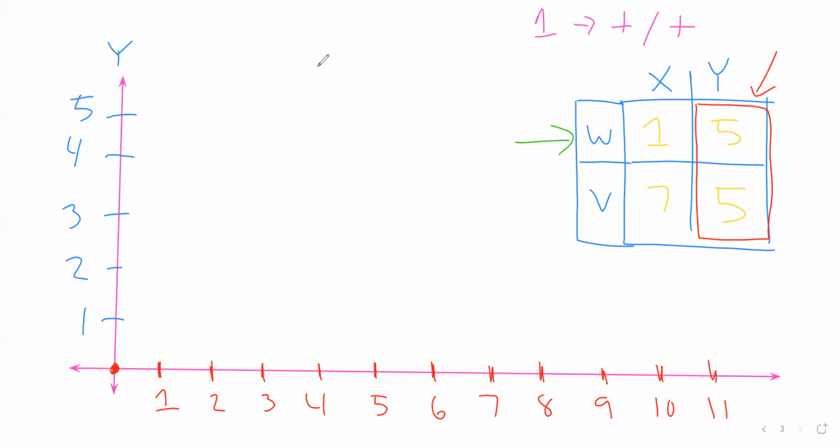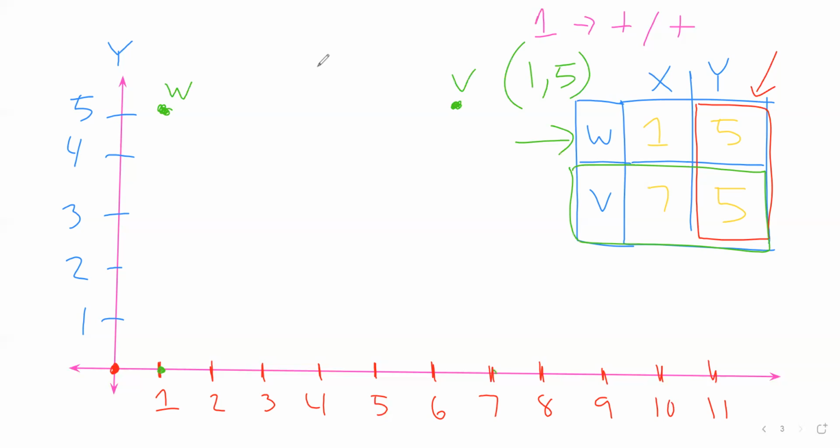So W has that ordered pair of 1, 5. So I'm going to go 1x and then up 5. So that'd be right here. So here's W. And then V is 7, 5. So V lives right here. Now, again, 2 things I could do.